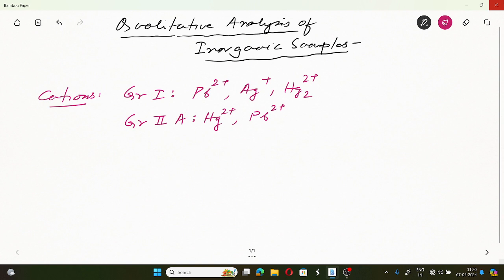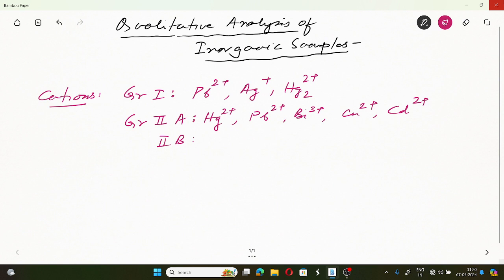The reason we will come to later on. In addition, there is Bi3+, bismuth 3+, copper 2+, and cadmium 2+. So these are in group 2A.